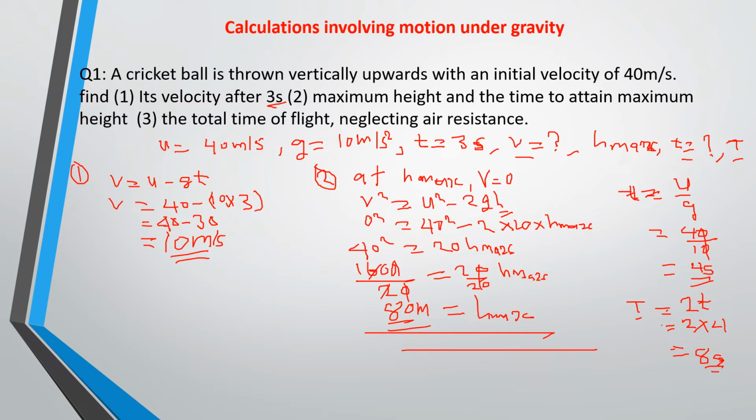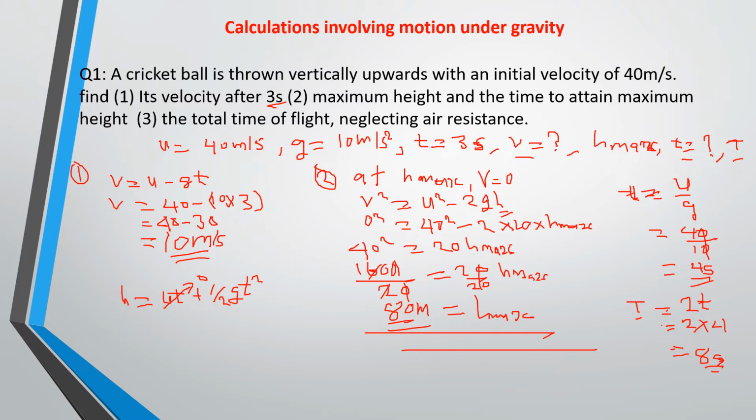So from the second equation of motion, you have that h max, which is the maximum height, equals ut plus half gt squared. Now the object is coming down. At maximum height, initial velocity is equal to 0, so u is 0 and that term becomes 0.